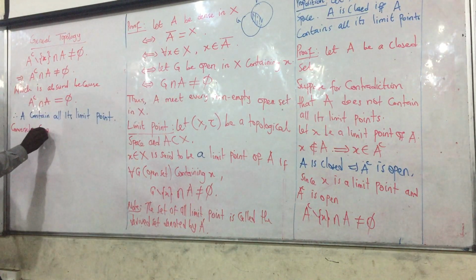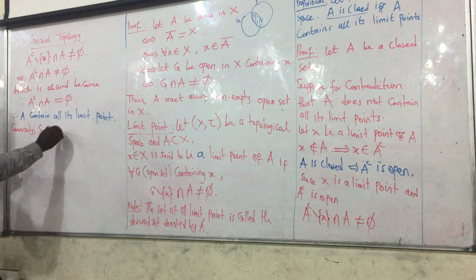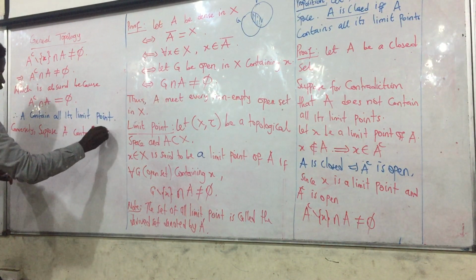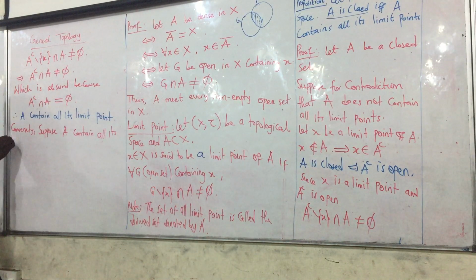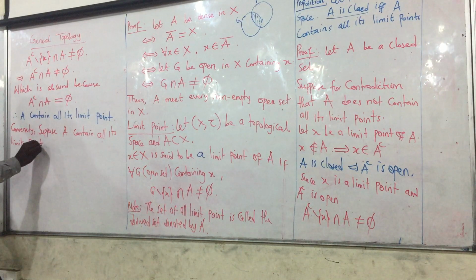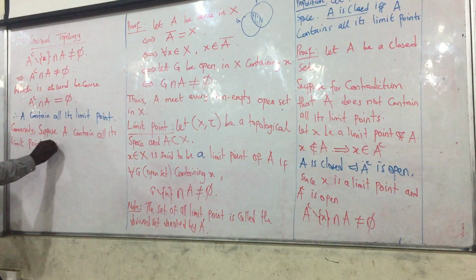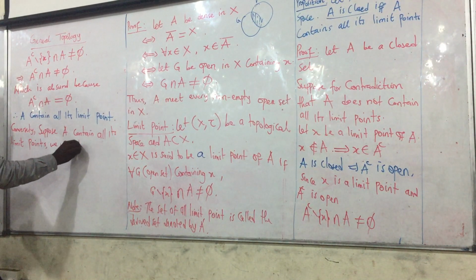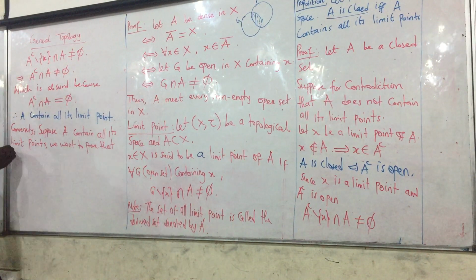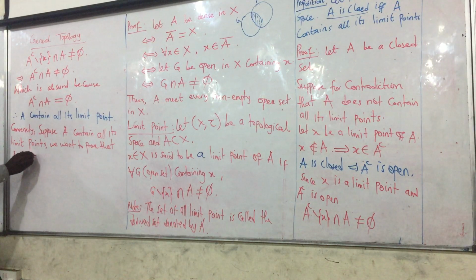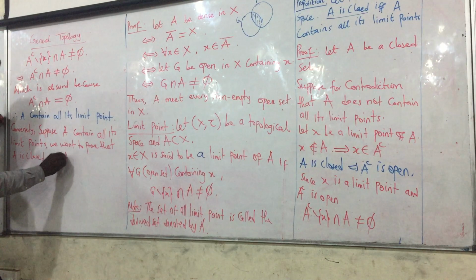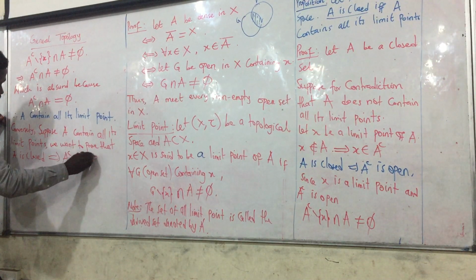Suppose A contains all its limit points, we want to prove that A is closed. And to prove that A is closed, what do we prove, please? A complement is open.